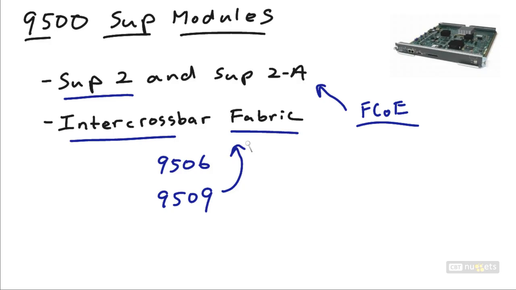It handles the inter-crossbar fabric traffic direction functionality. But interestingly enough, in the 9513, the Sup engines do not possess that functionality. They're going to step out of the way in the 9513, and they're going to let the inter-crossbar fabric module handle that work and offload that from the supervisor engine.